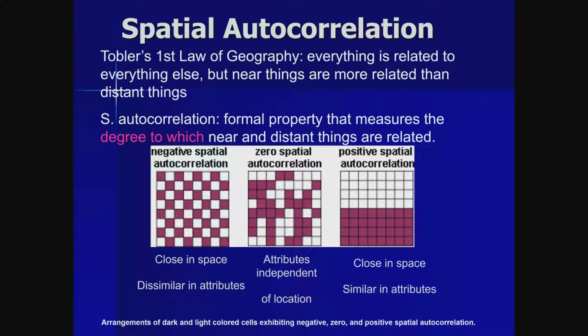As we go to the next cell, we get the opposite value, as long as we can predict it, up and down, up and down. That's negative spatial autocorrelation. Zero spatial autocorrelation exists when the values truly are random. Like with elevation and temperature and precipitation, that doesn't happen. Nearby values are always related.